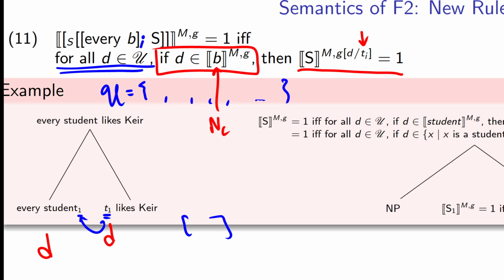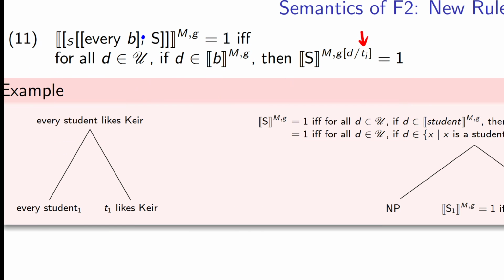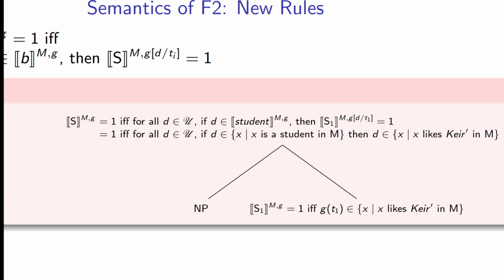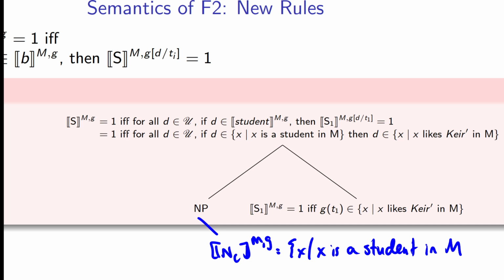Okay, now I want to actually see this with an example because it's easier to understand the theory once we actually take a look at how this is applied. So our NP here is every student. So if I take a look at what this common noun will be, we would say this is the set of X such that X is a student in M. This M is our model.